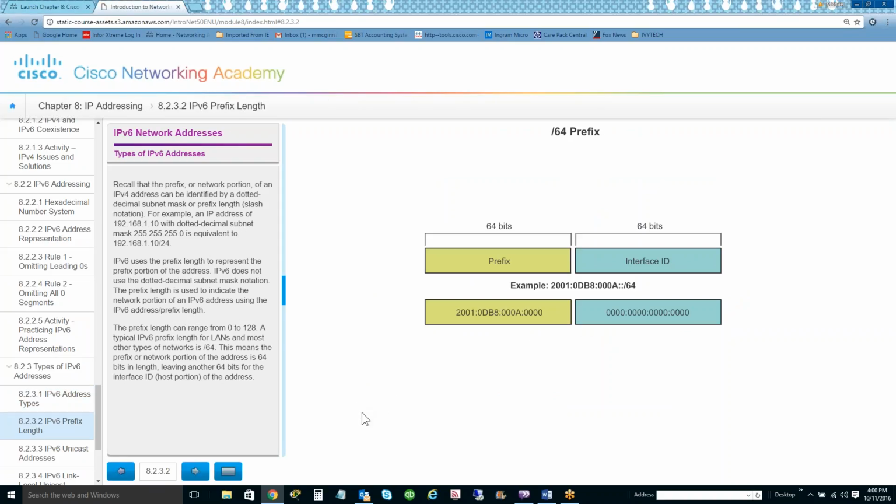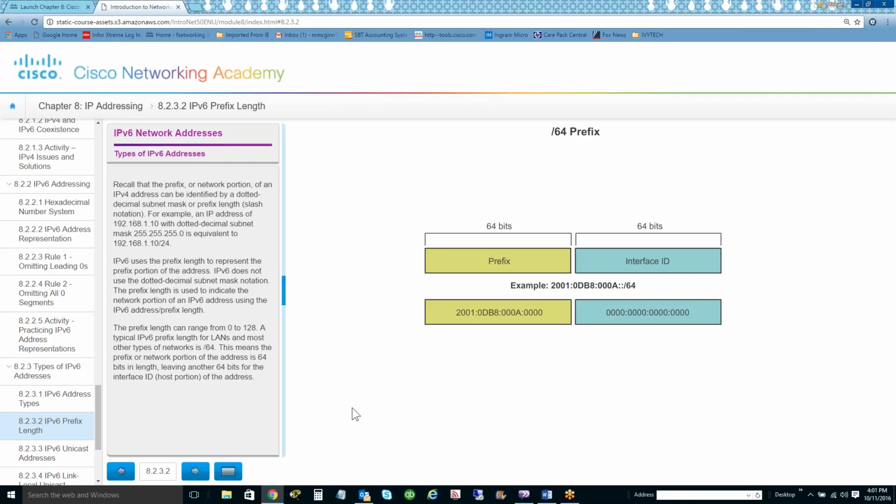Also recall in IP version 4 we discussed the subnet mask, where we had the ability to split the IP address into a network portion and a host portion. Same is true for an IPv6 address.